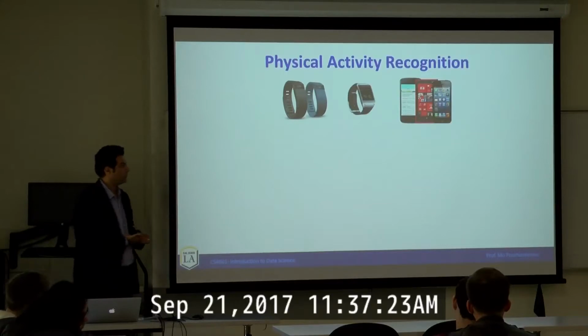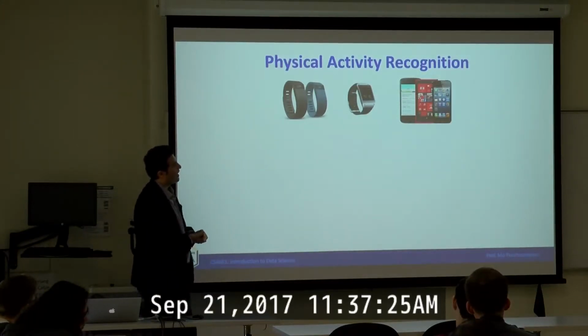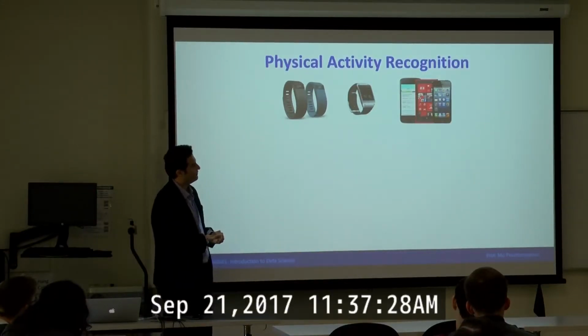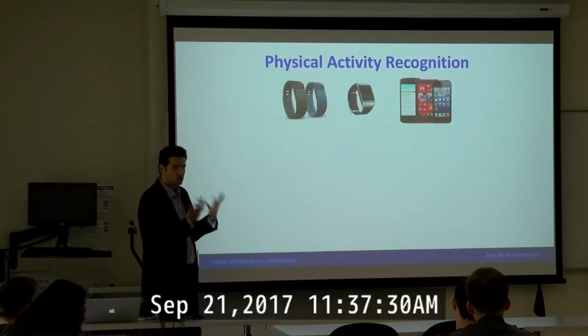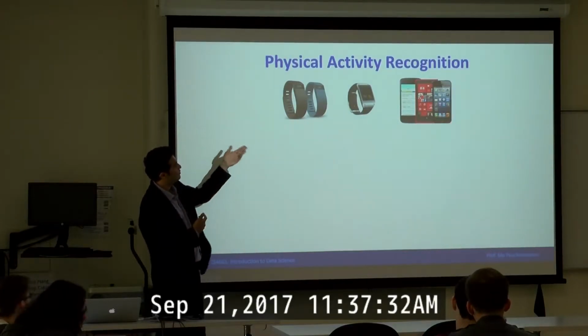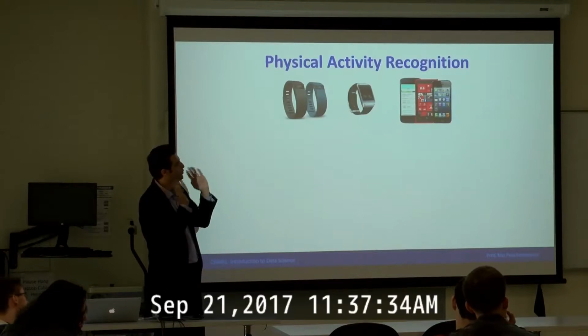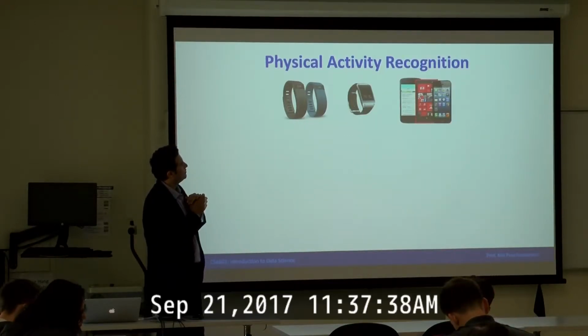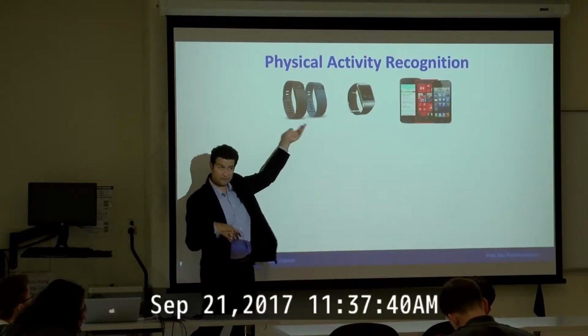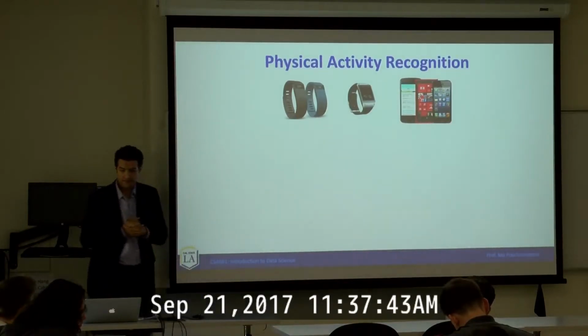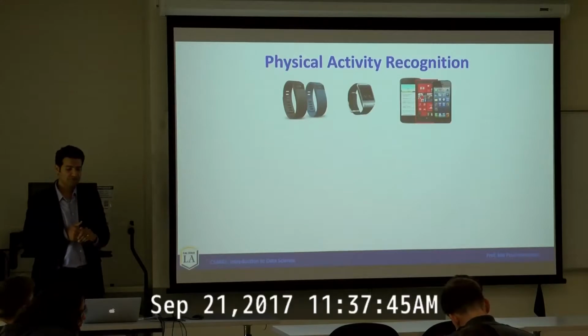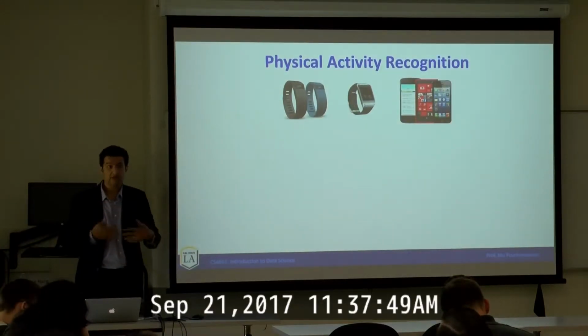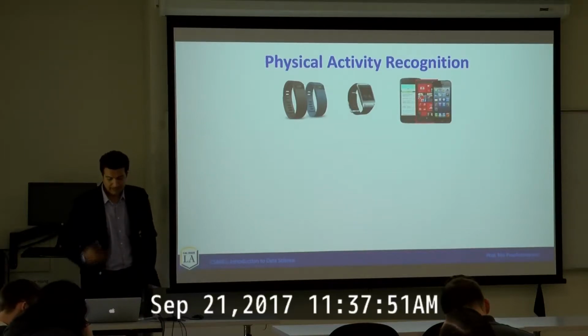Your smartphone already has some tools for activity recognition. A smartwatch, we have many of them, Apple Watch or other devices, or Fitbit, or many other smartwatches that are being used for activity recognition or activity monitoring.